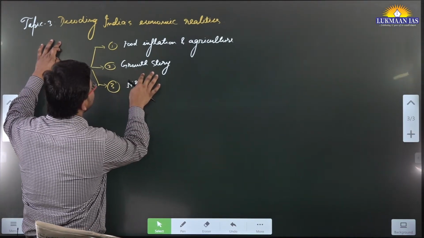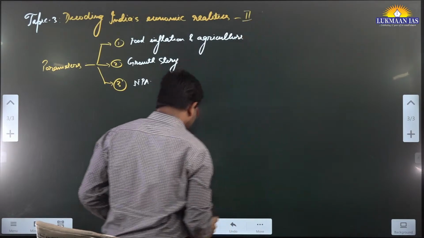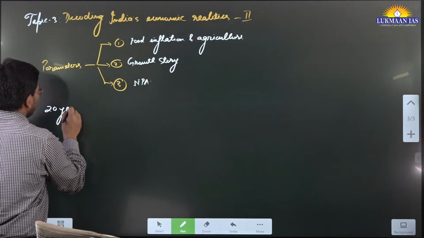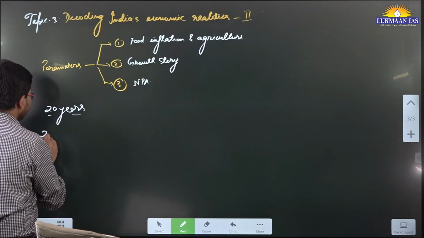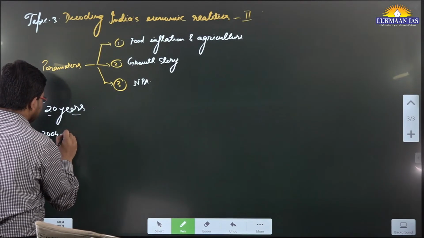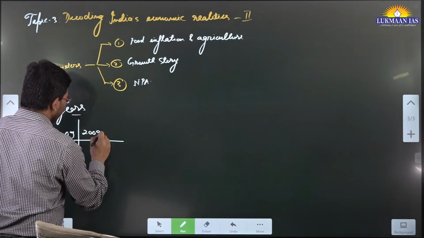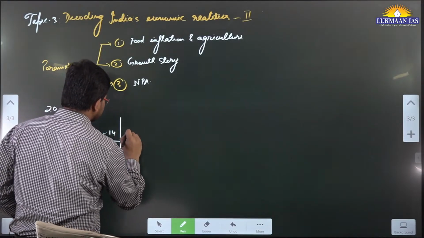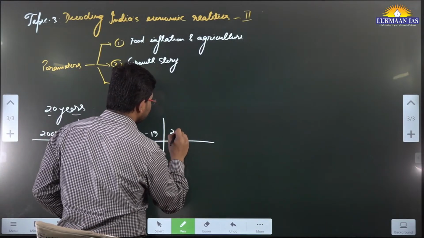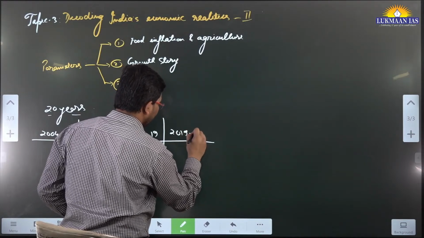As I discussed, when we talk about decoding India's economic realities, we are going to discuss a 20 years time period, and these 20 years are from 2004 to 2009, this is one time period, then 2009 to 14, then the third is 2014 to 2019, and the fourth period is 2019 to 24.